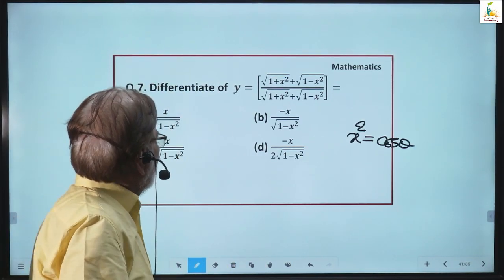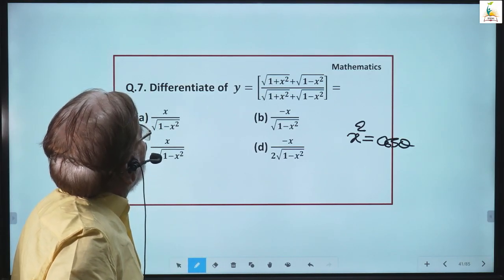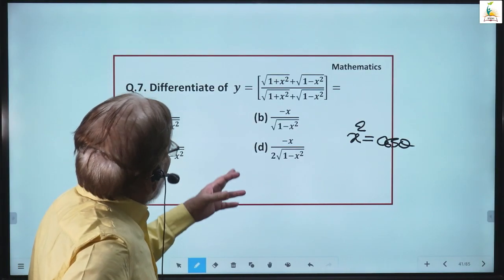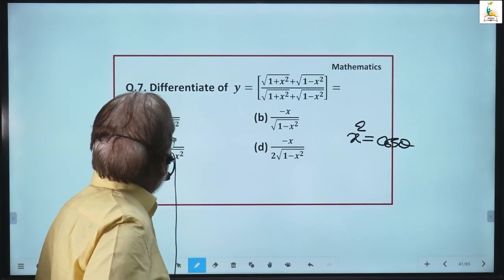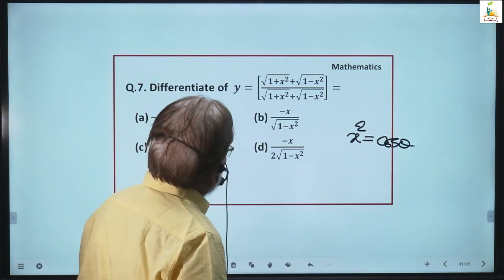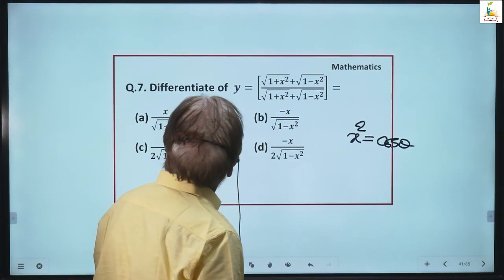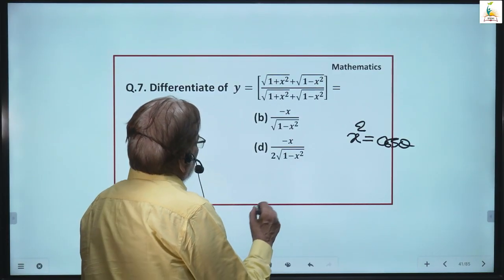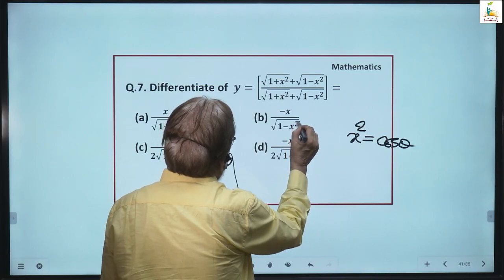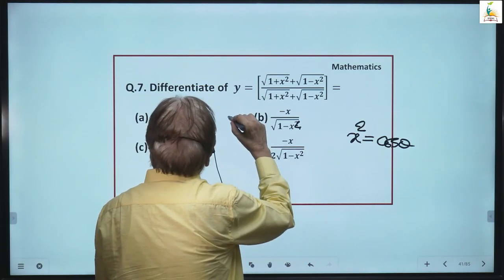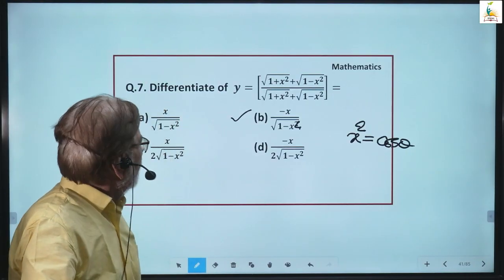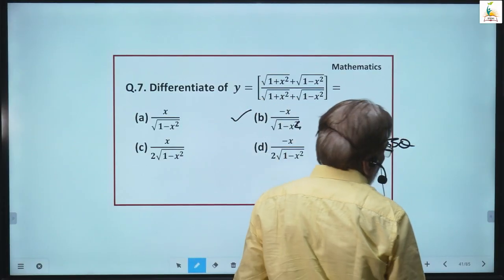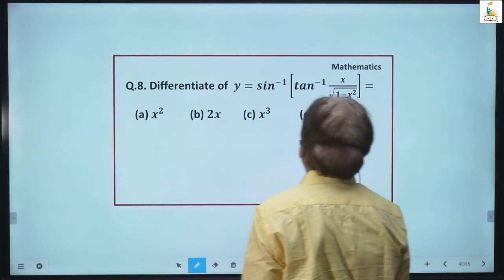So half cos inverse x square will come, and that will be equal to minus x upon under root of 1 minus x raised to 4. This will be the answer. Next question.